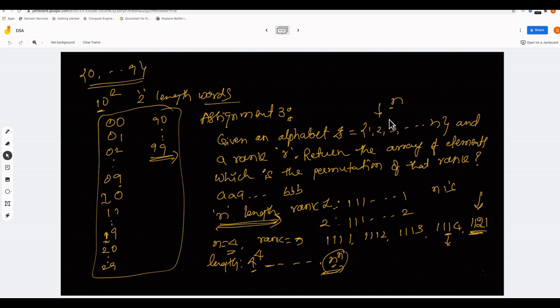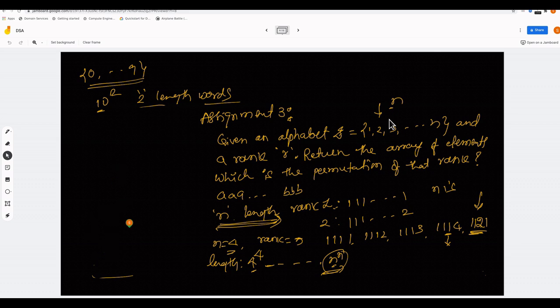Okay, let me give you the signature of the function. Let me just clear this. Oh wow, it's erasing so late. The signature that you need to implement returns an integer array.